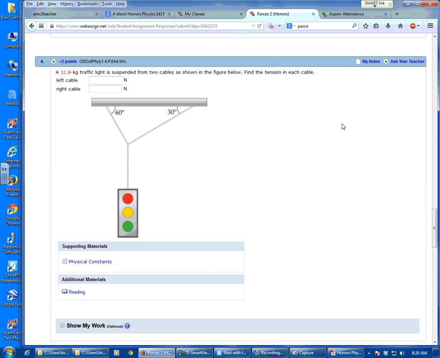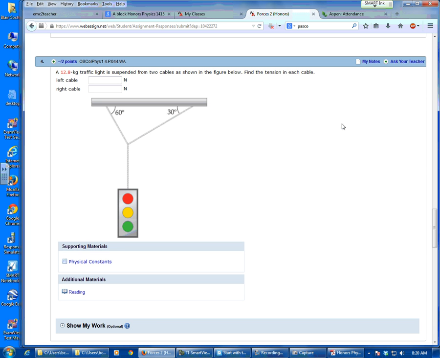All right, so we're going on to number 4. A traffic light assigned for 2 cables is shown. Oh, we had almost this exact problem yesterday, didn't we? We go to part C, maybe, of the packet that we worked through yesterday. And we had almost this exact one. But let's do it.